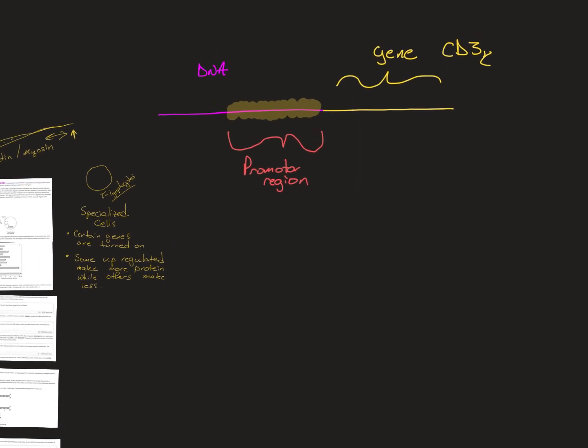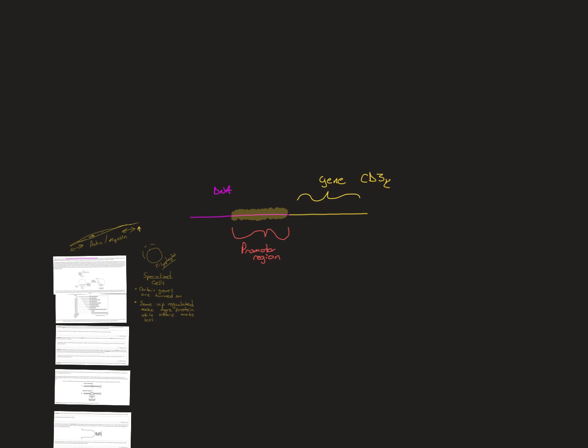And remember how promoters work. You have these specialized transcription factors. I'm just going to put circles and squares and triangles. These factors are called transcription factors, and they bind to the promoter region and allow the gene to be turned on.